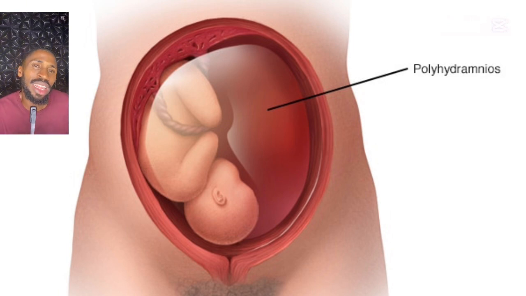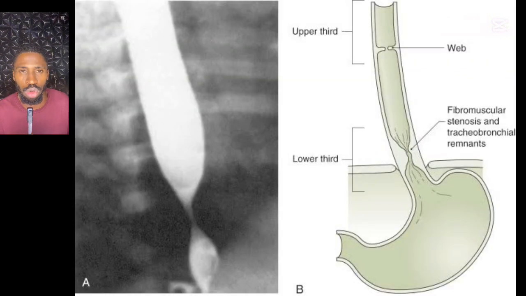Another clinical malformation of the esophagus is esophageal stenosis, when the lower one-third of the esophagus is narrowed, maybe because recanalization doesn't occur, or there's a vascular issue, or the visceral mesoderm did not form very well. Any of these can cause narrowing, and it can also prevent amniotic passage.